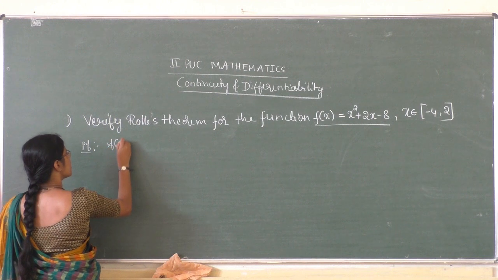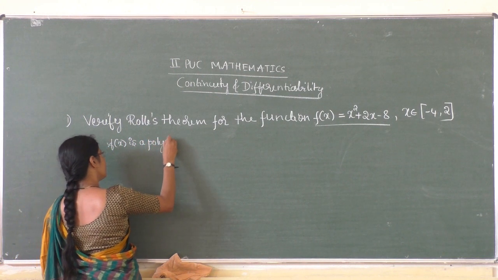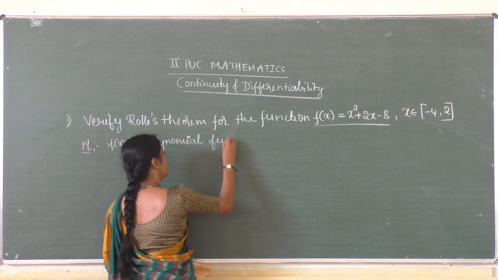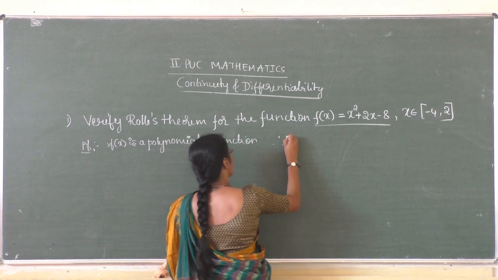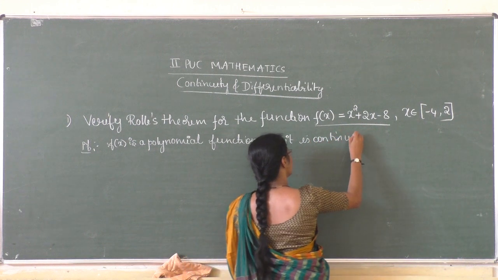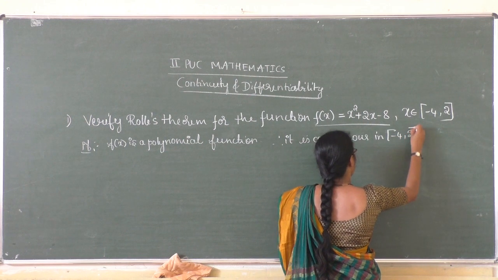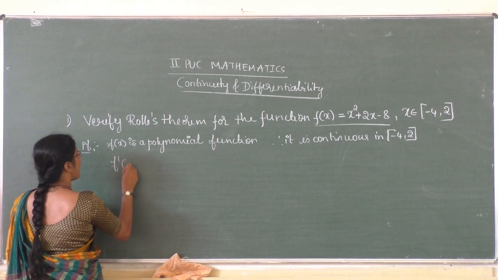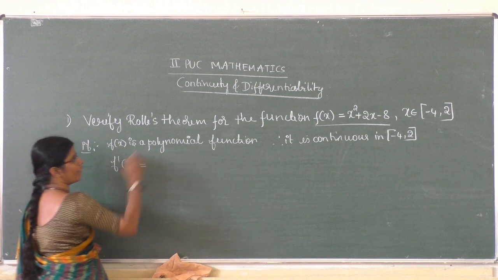f of x is a polynomial function, therefore it is continuous in minus 4 comma 2. Now f dash of x, you have to find, differentiate that.